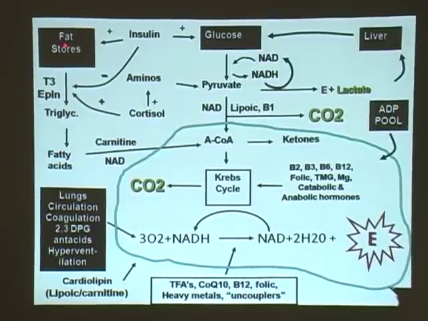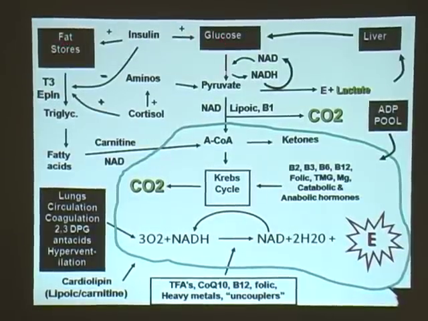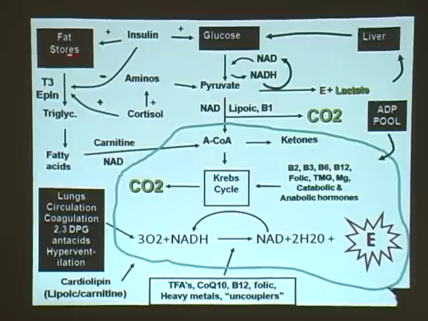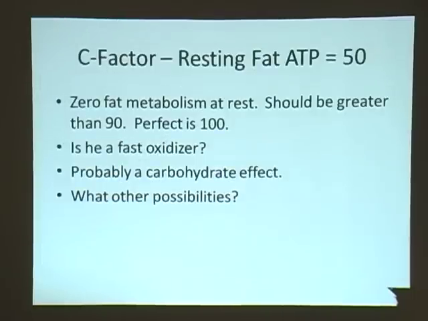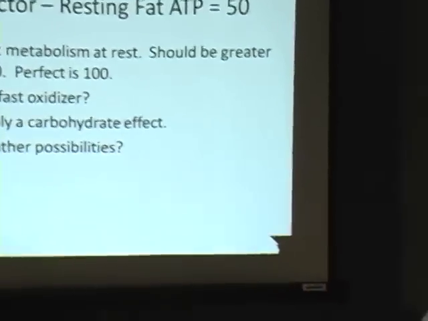They tend to convert fat to glucose and then burn the fat this way. So one reason he could be burning no fat at all at rest is that he's a fast oxidizer, converting fat to sugar and burning sugar at rest.